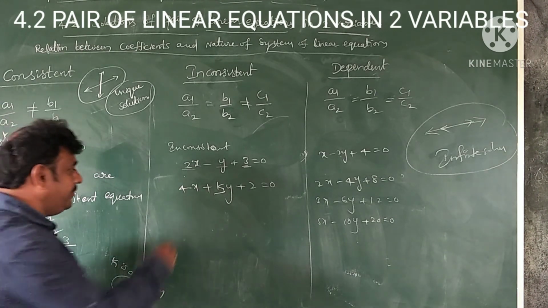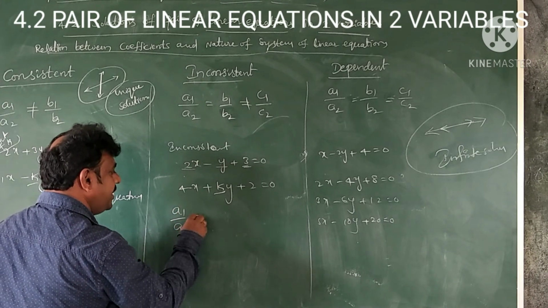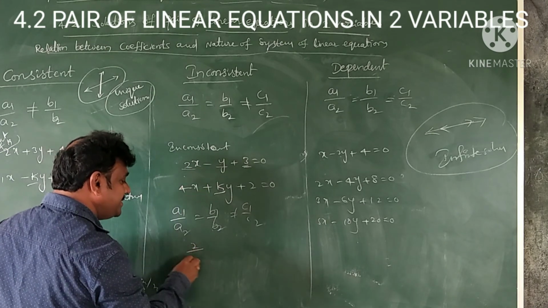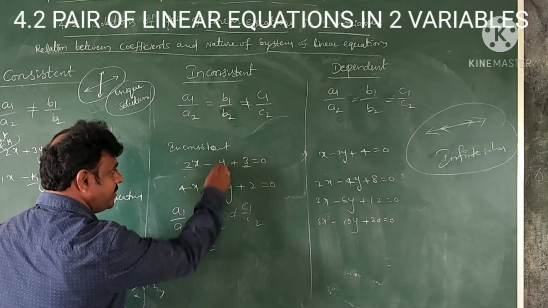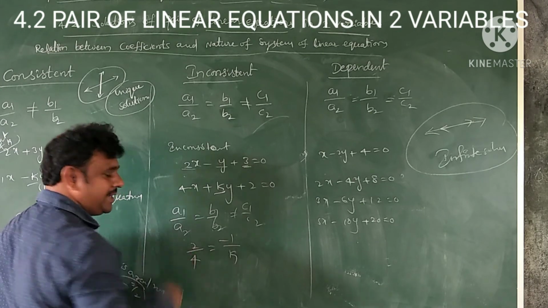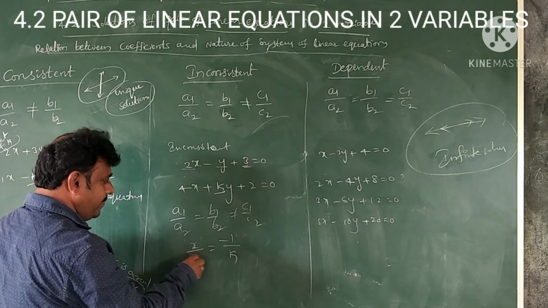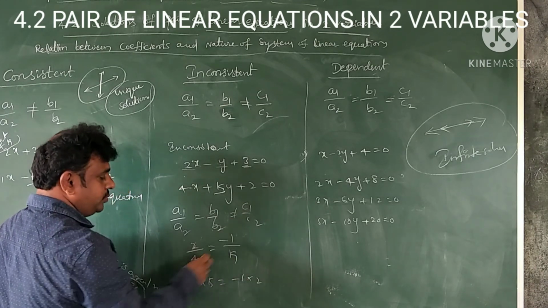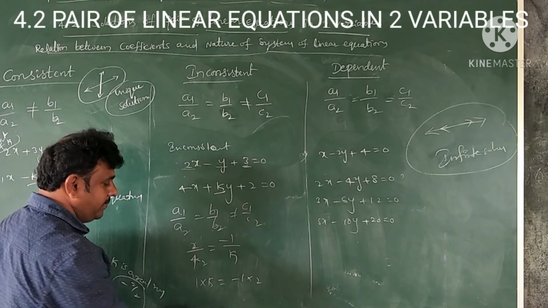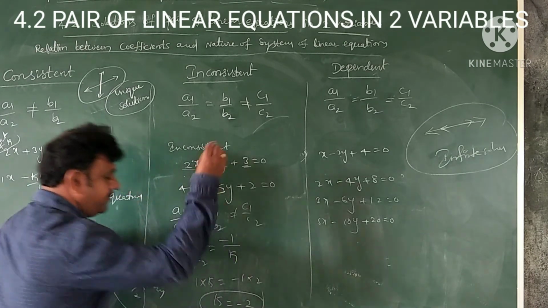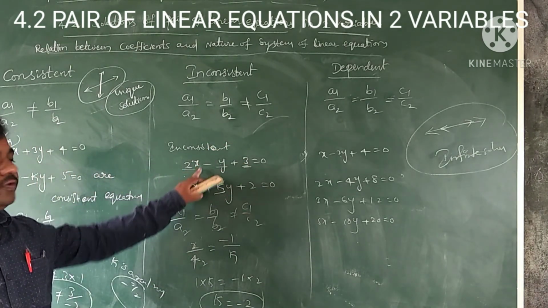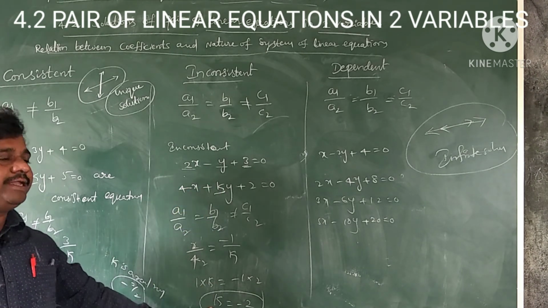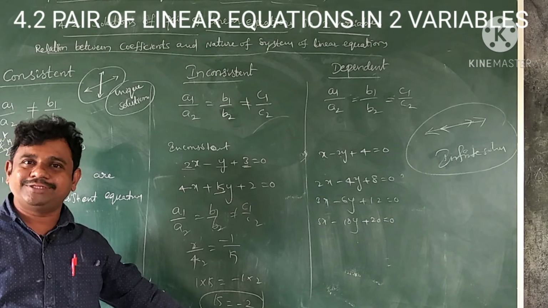So immediately we recall a1 by a2 equal to b1 by b2 not equal to c1 by c2. That is 2 by 4 is equal to minus 1 by k, which is 1 by 2. So 1 into k is equal to minus 1 into 2. Therefore k is equal to minus 2. If these two are inconsistent lines, then k is equal to minus 2.